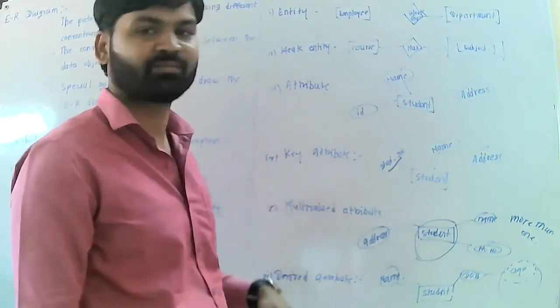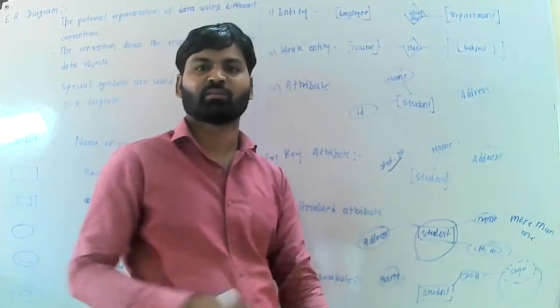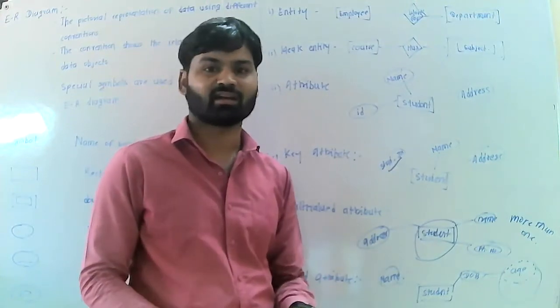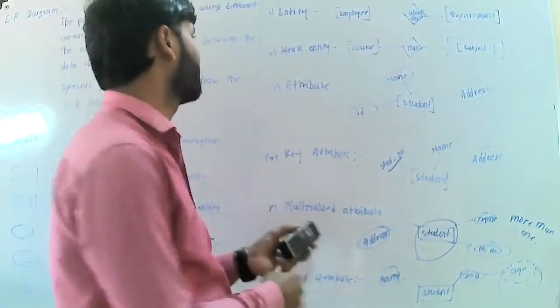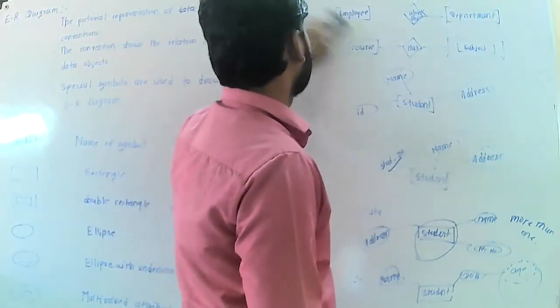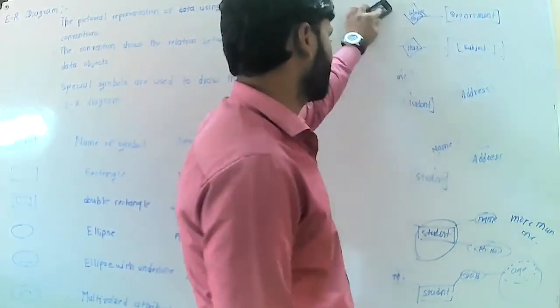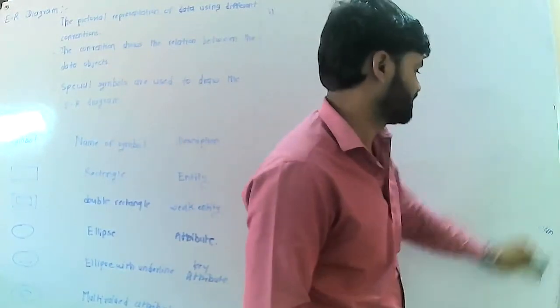We can map our cardinalities by using the ER diagram also. How will we see this? Mapping cardinalities have four types. First one is your one to one.